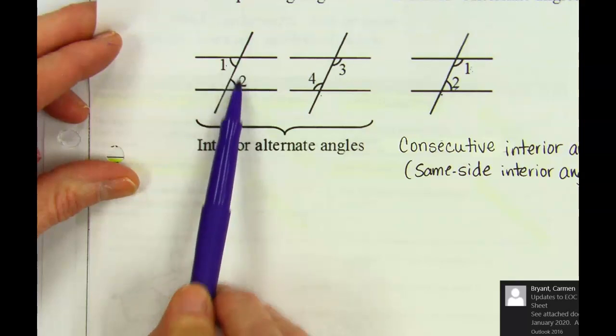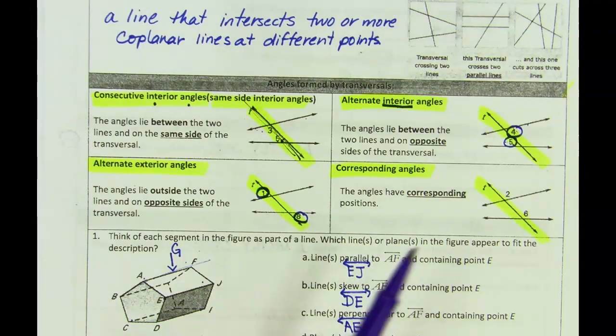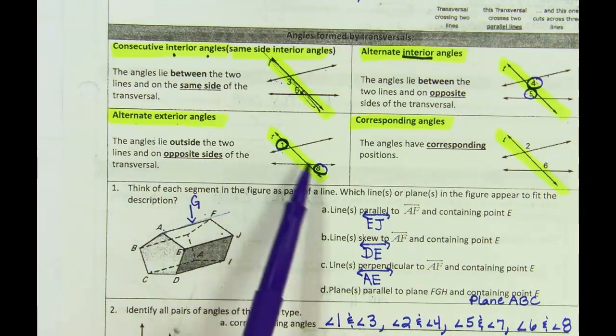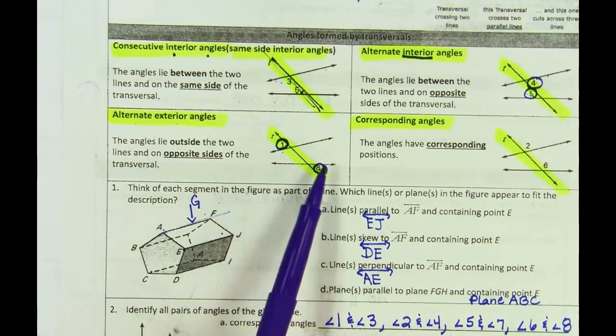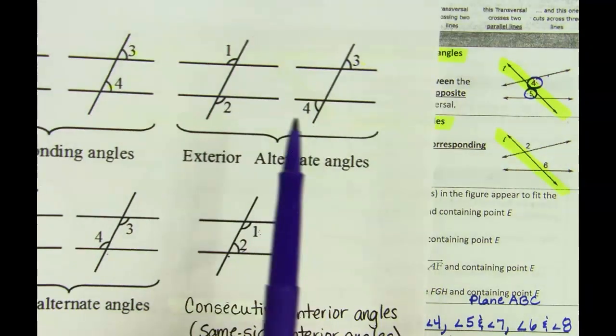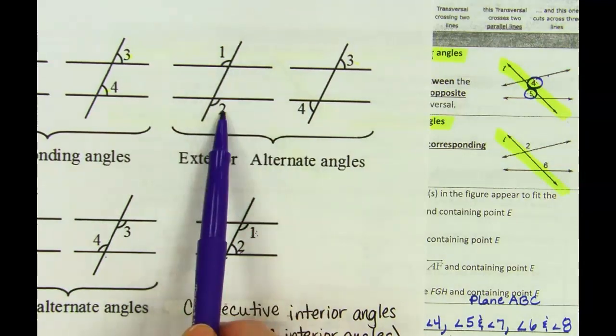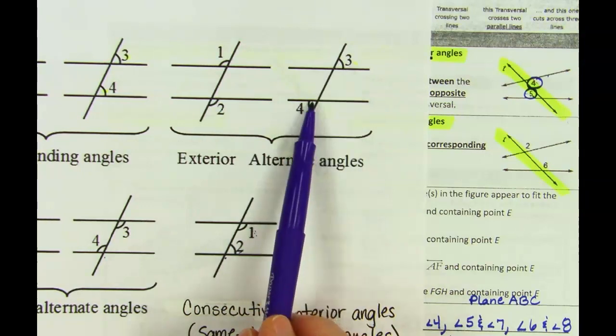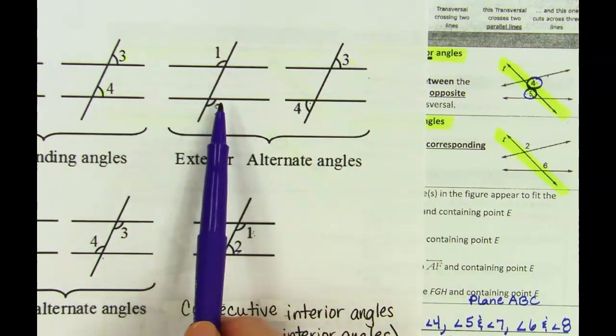So inside alternating. The next one, kind of the opposite of this, is alternate exterior angles. The angles lie outside the two lines and on opposite sides. So here's an example of those. 1 and 2 are exterior, they're outside. 3 and 4 are outside, and they're on opposite sides of the transversal.